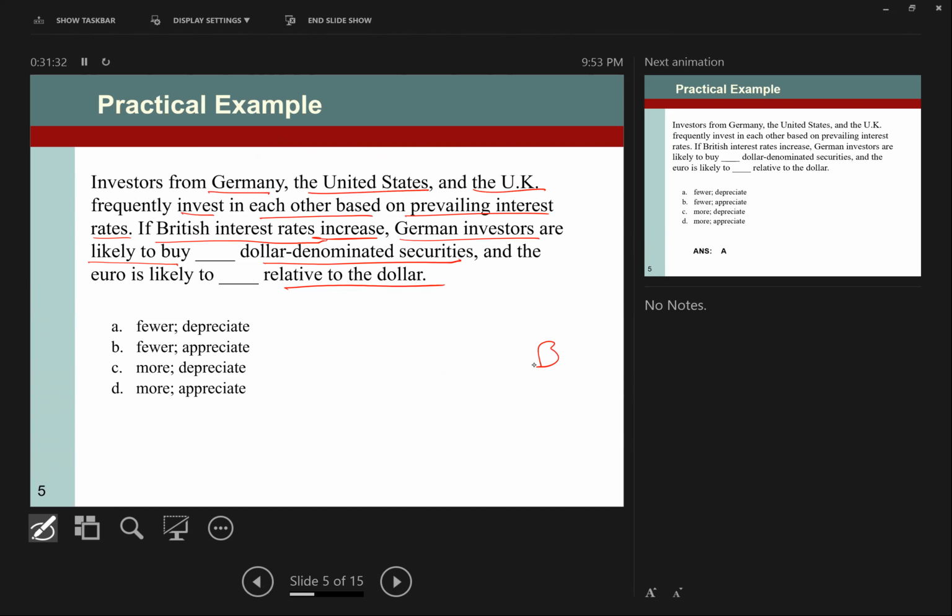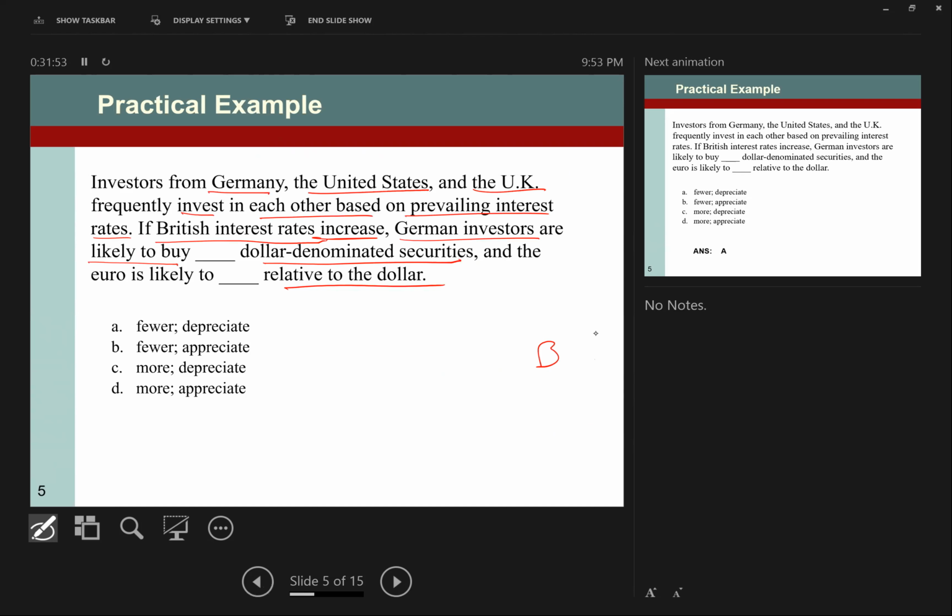Well, it's obvious that they are going to buy fewer dollar-denominated securities, and the euro is, I'm not sure.